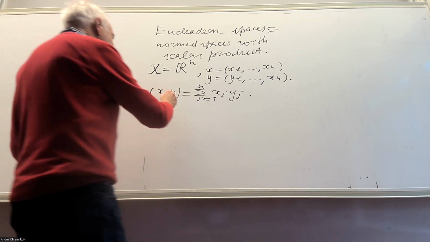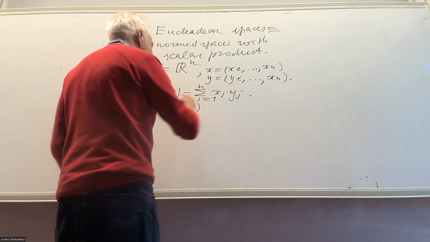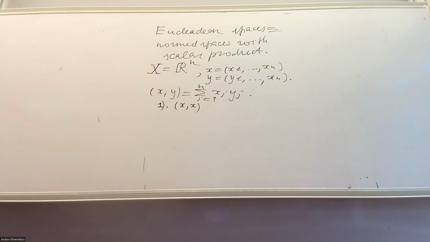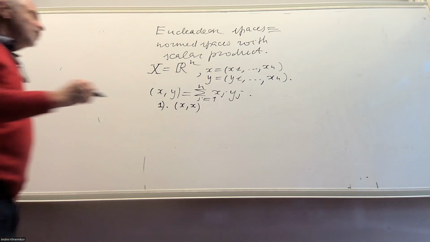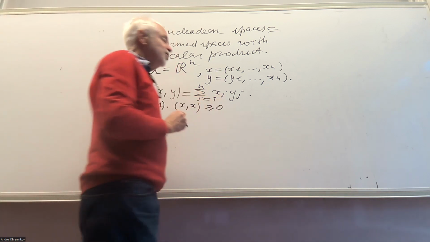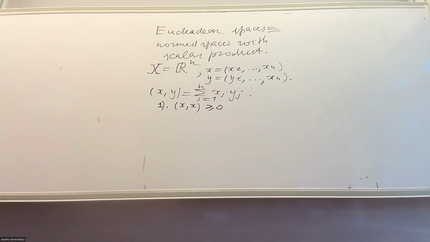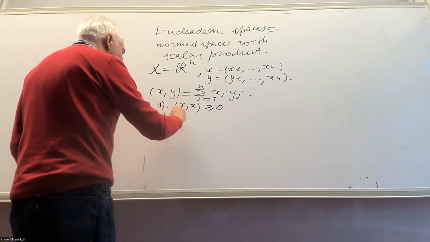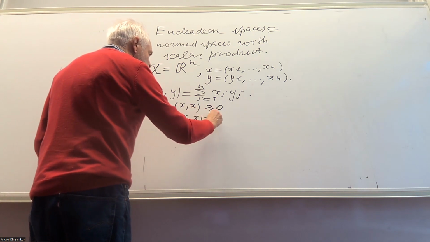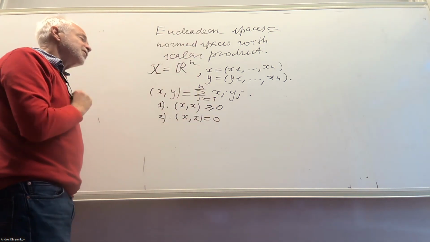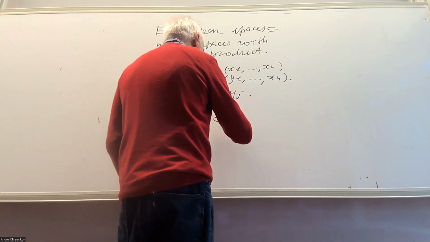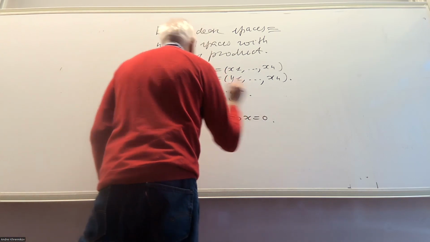So first of all, if you multiply x by x, it would be the sum of squares of coordinates. So it is non-negative: the scalar product of x by x is non-negative, because it is the sum over j of x_j squared. Second, the scalar product is equal to 0, so the sum of squares of coordinates is equal to 0, if and only if x is equal to 0.